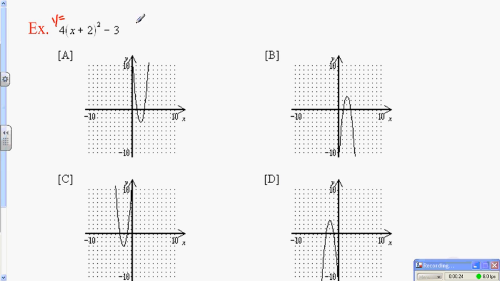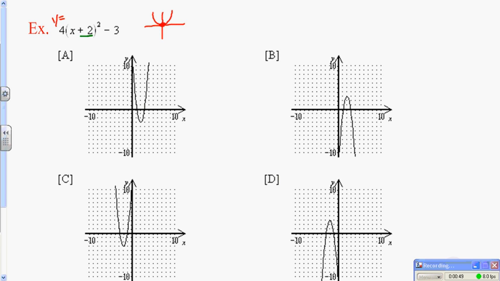From this, we know where the parent function is supposed to be: centered over the y-axis with the vertex at 0, 0. But we know how it is shifted based upon the vertex form equation.